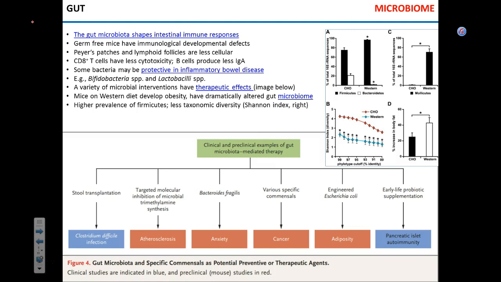And now he studies colon cancer. And my wife works in the lab that studies gut microbiome. So we know that gut microorganisms are necessary for the properly shaped intestinal immune responses, especially intestinal immunity.